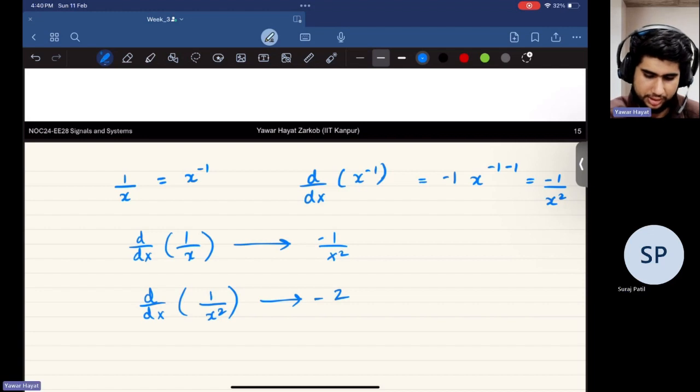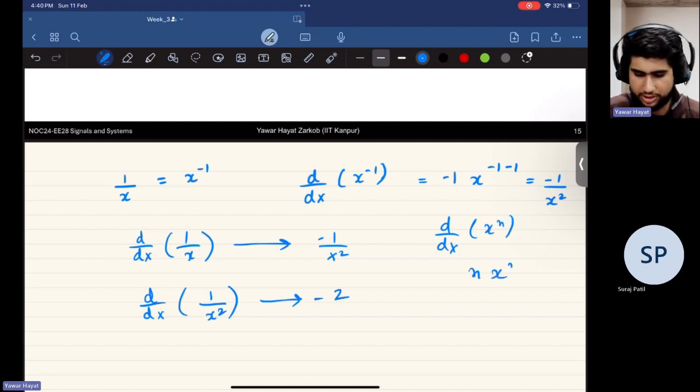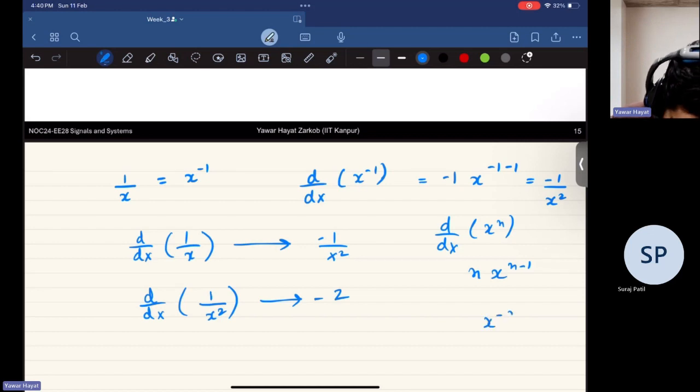Suppose this is d by dx of x raised to the power n. That is n x raised to the power n minus 1. So this 1 over x square is x raised to the power minus 2, right?